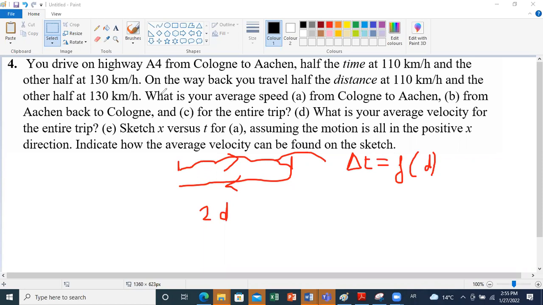It was the average of 110 and 130, right? Which is 120. So when we go through the first phase from A to B, delta t of this path is the distance traveled, which is d, over the average speed during this path, which is over 120.